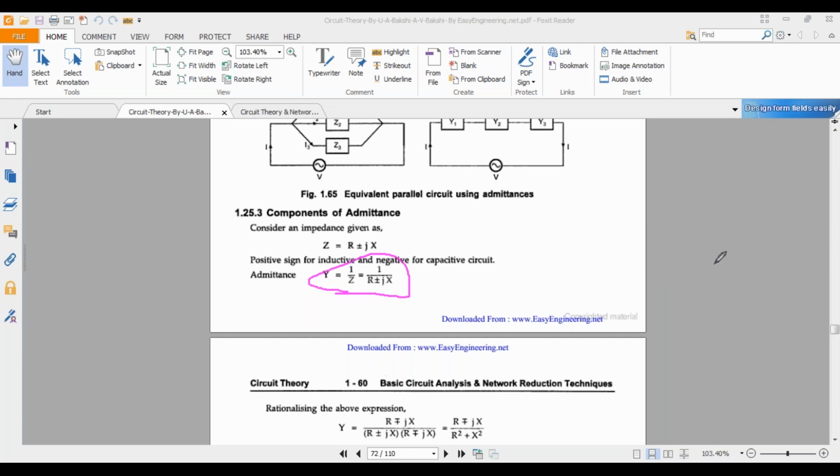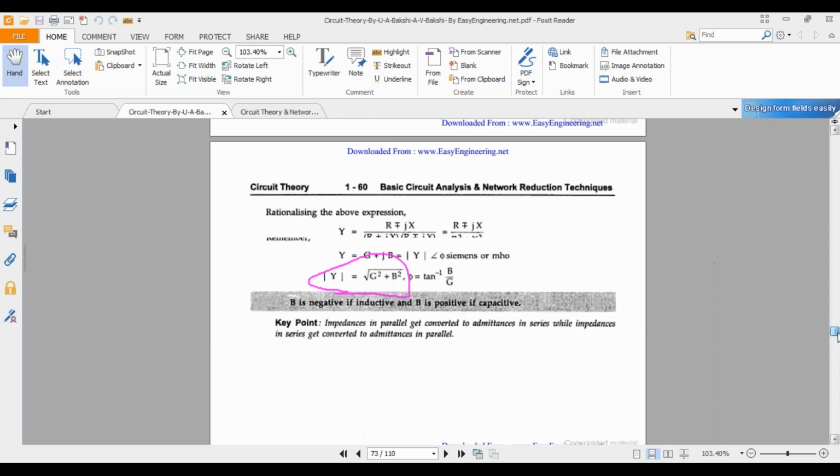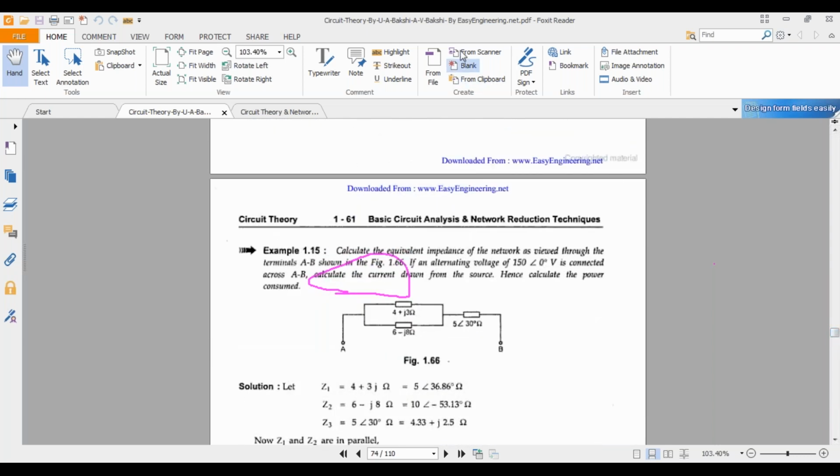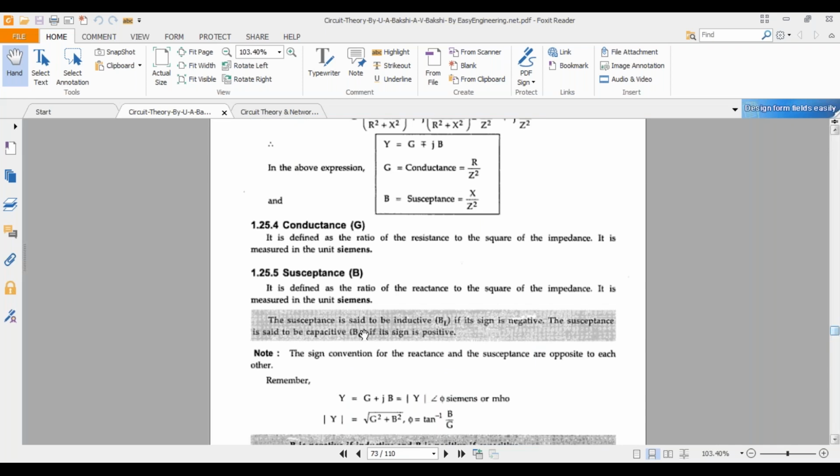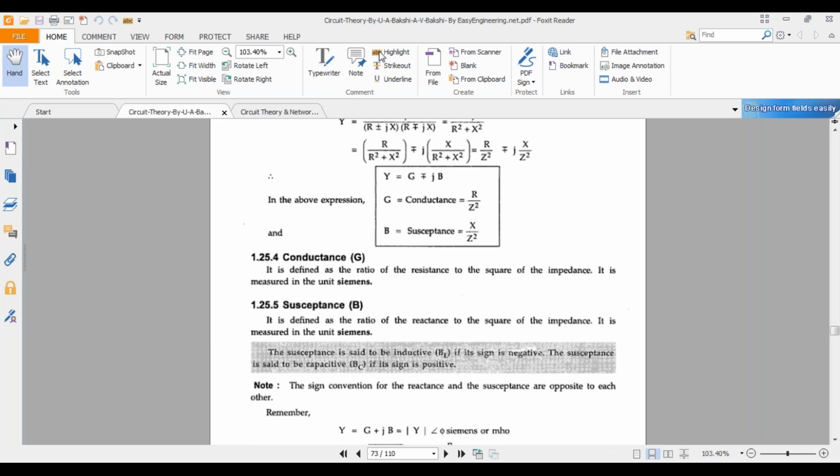And similarly, the next one to understand is susceptance. Susceptance is 1 by X. Impedance can be written as Z is equal to R plus jXL, or Z is equal to R minus jXC for the capacitance.